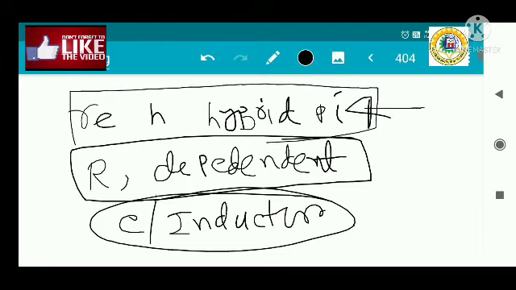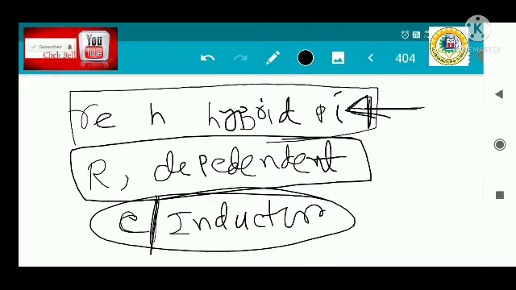Capacitors and inductors play a very important role because here we have not considered the effect of the frequency. Whenever we consider the effect of the frequency, resistances and dependent sources are not the only important things; capacitors and inductors play a very important role. Why? Because in low power devices, the capacitor study becomes very important.